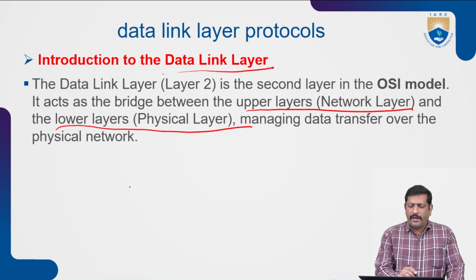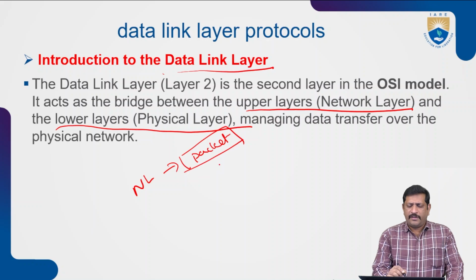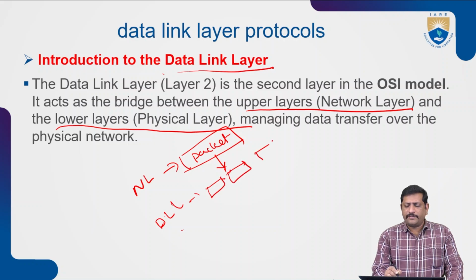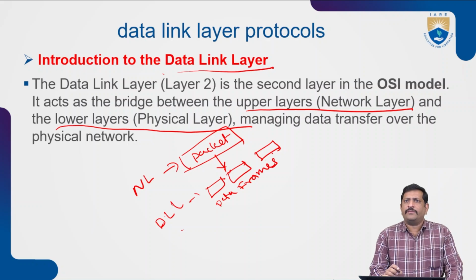Here at the network layer, we are sending data in the form of packets. Once it reaches the data link layer, the packets can be divided into a number of data frames.